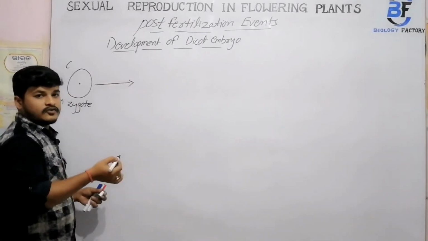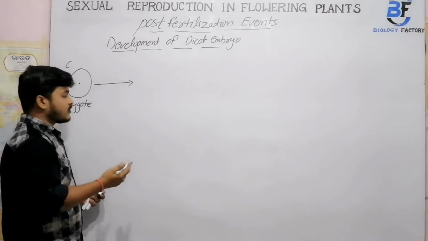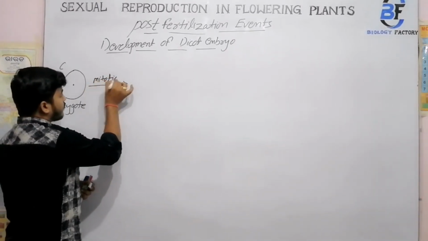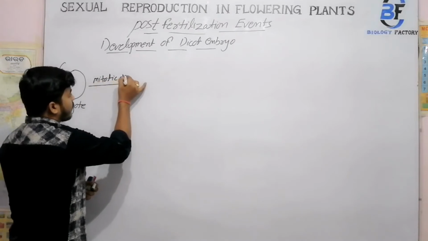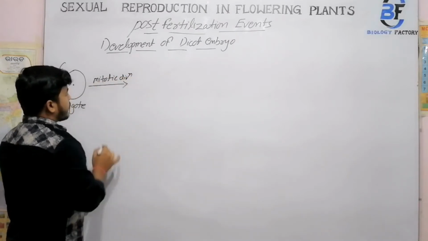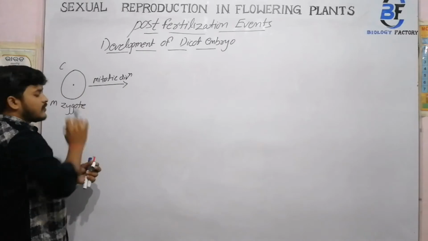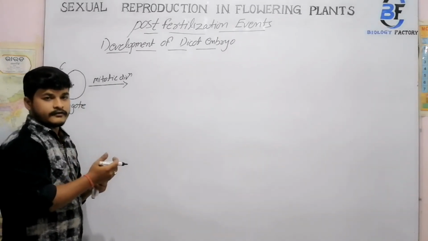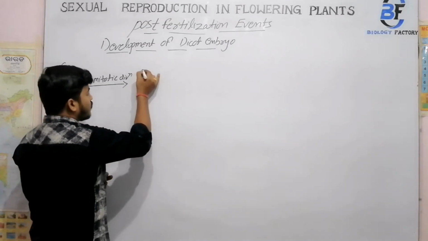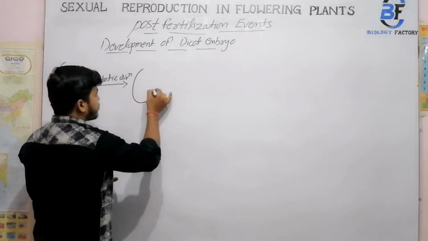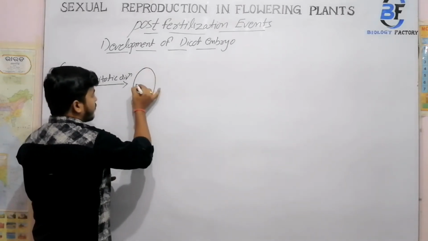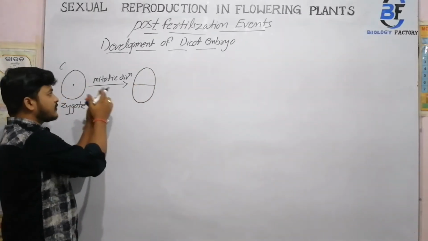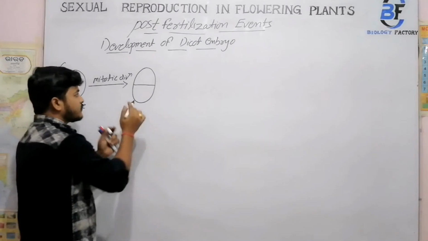The zygote takes a mitotic division. That means the zygote is going to split through mitotic division, and two cells are formed.